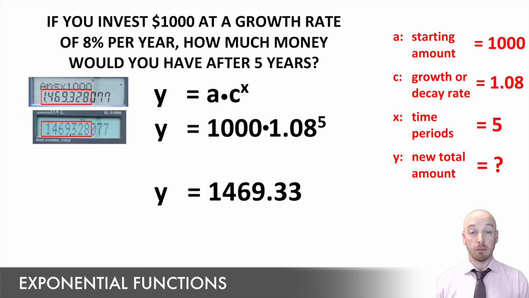And regardless of the method we use to do it, we end up with an answer of $1,469.33. That's the amount of money we end up with after 5 years with this investment. A nice amount of growth on our money.